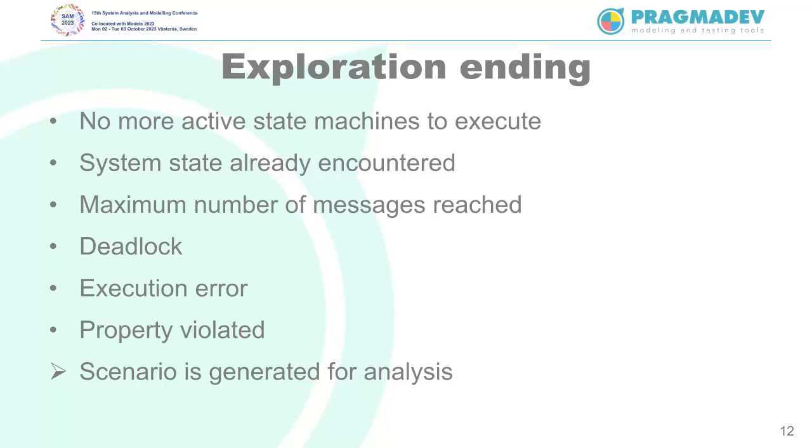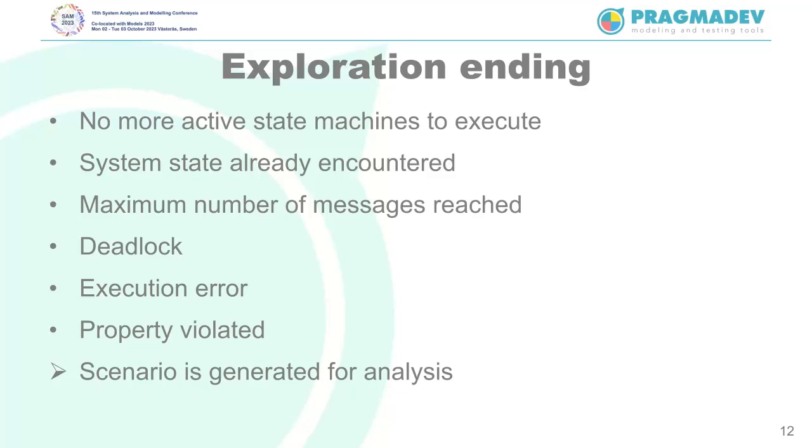And last, how do we end exploration? So the easy one is we don't have anything else to do, or we have already met the state, so we know we have already explored that state. We have reached the maximum number of messages. We detected a deadlock, an execution error, like a variable badly assigned, or improper value, or maybe out of bounds of an array or something like that.